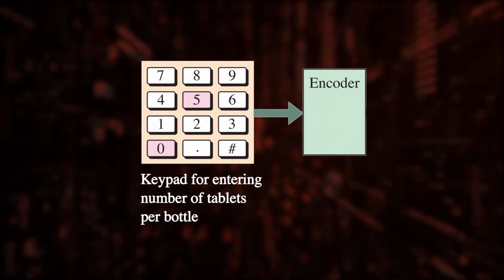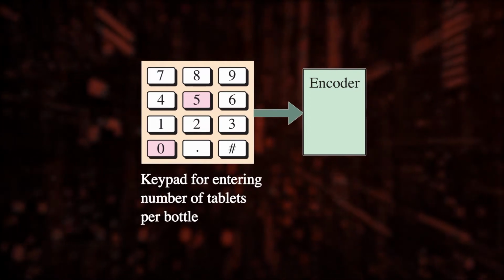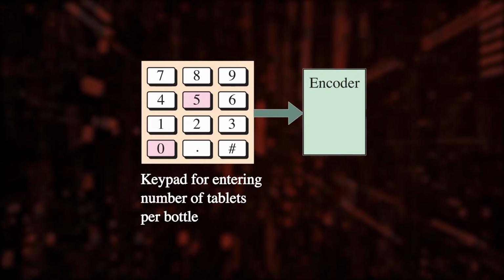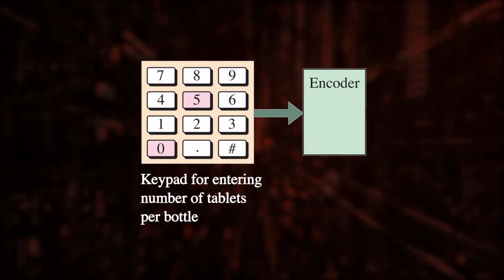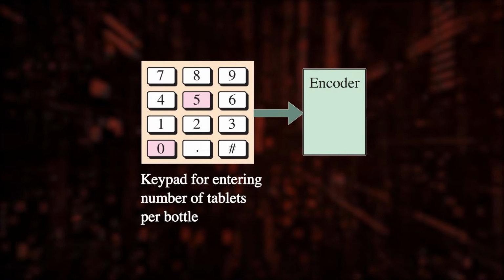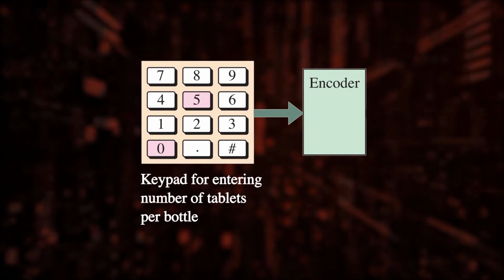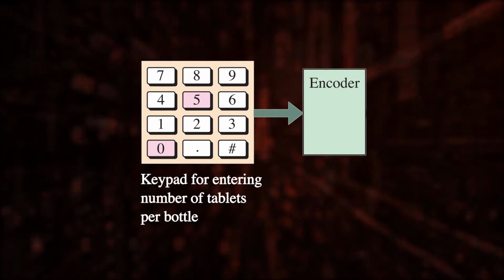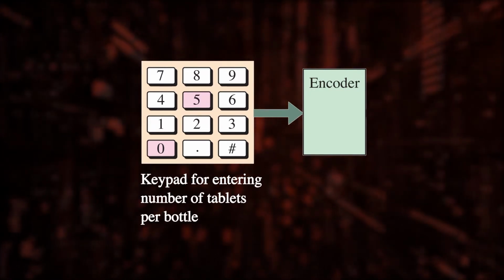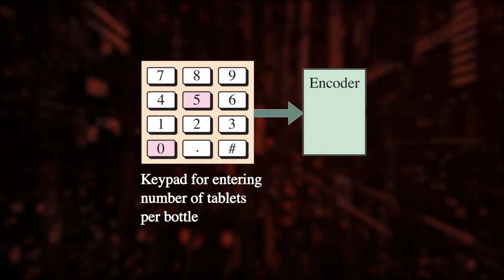What is an encoder? The encoder converts information such as a decimal number or an alphabetic character into some coded form. This number is to be stored somewhere so that it can be checked against the number of tablets dropped into the bottle. This is to check whether the bottle is full or not. How do we store?